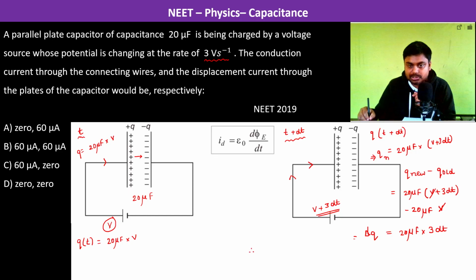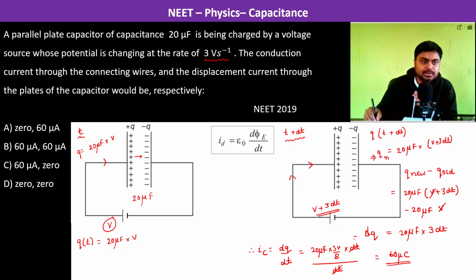So the conduction current IC is equal to dq upon dt, which is equal to 20 microfarads into 3 volts per second into dt divided by dt, gone. So this is simply 60 microamperes, okay.